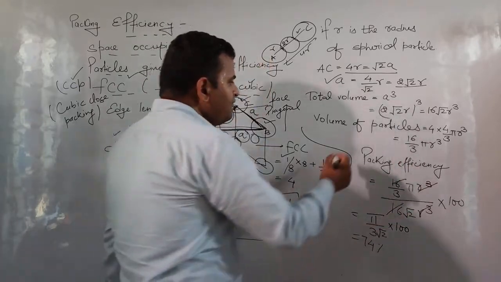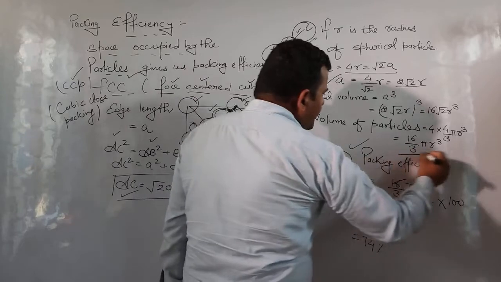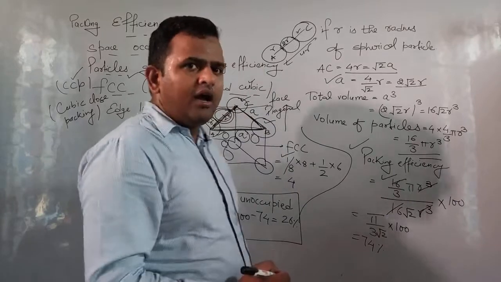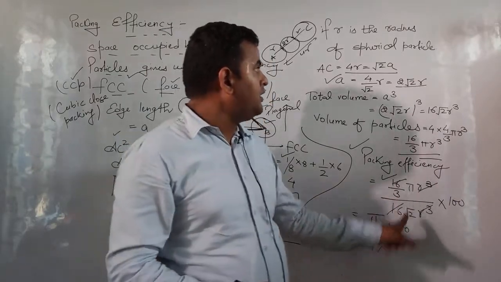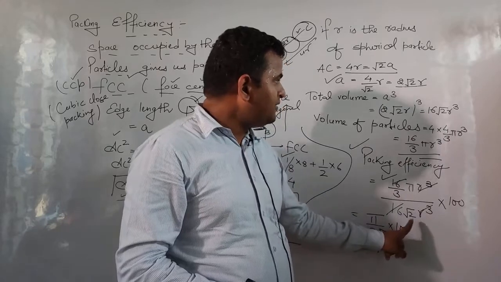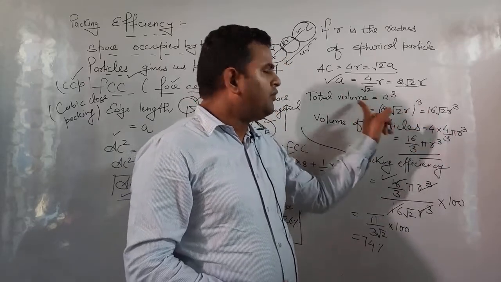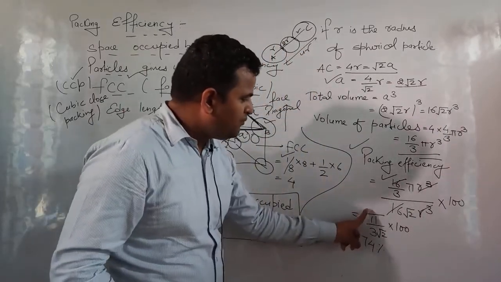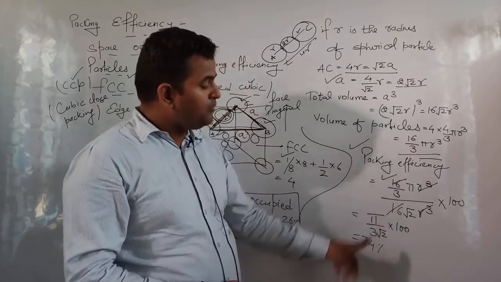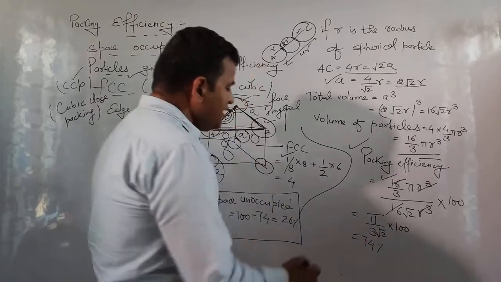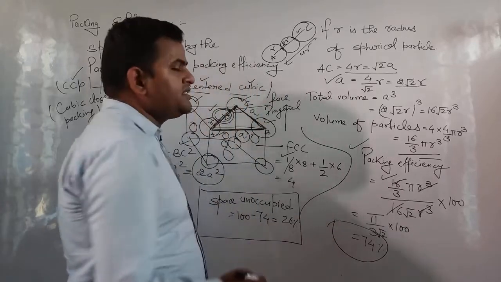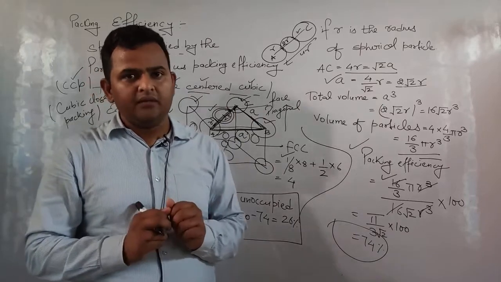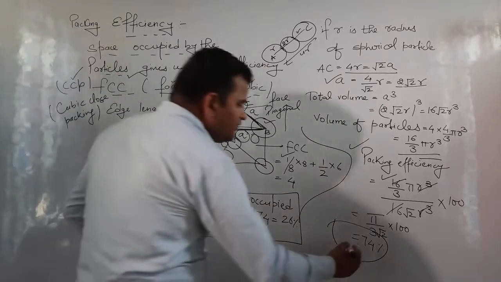We divide the volume of the particles, 16/3 pi r cubed, by the total volume, 16 root 2 r cubed, which we calculated earlier, and multiply by 100 to get the packing efficiency. Pi by 3 root 2, if we solve this value, gives us 74%. So the packing efficiency for face-centered cubic, or the percentage of space occupied by the particles, is 74%.